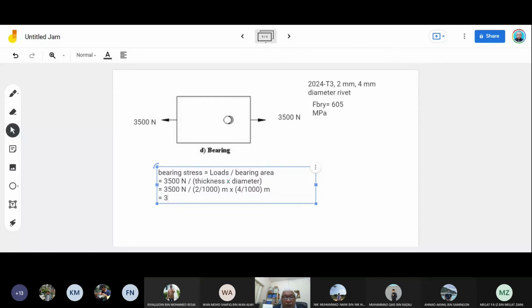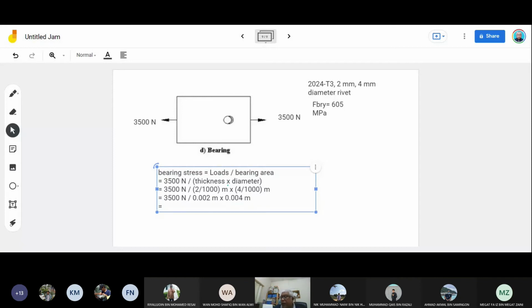So 3,500 Newton divided by 0.002 meter times 0.004 meter.